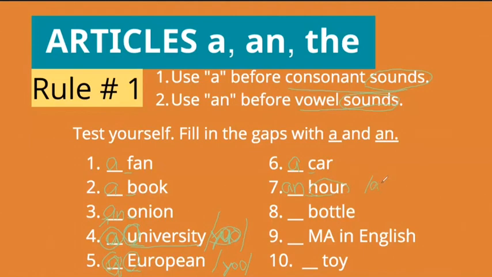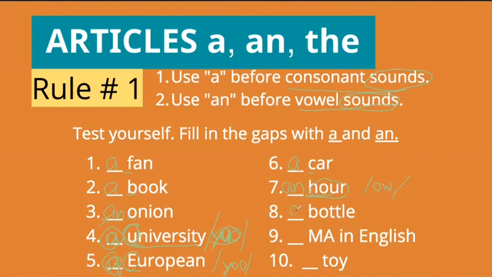Okay, hour, ow. That is the vowel sound of this word. So we use an because the sound at the start is a vowel. All right, so that's why we use an for this word.